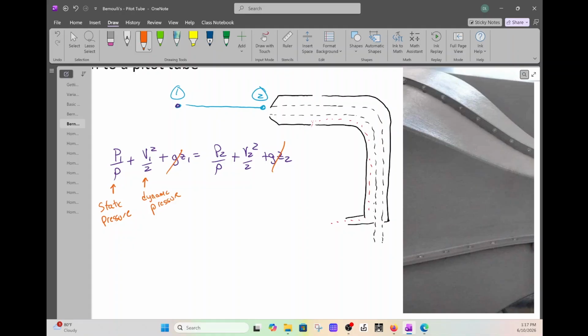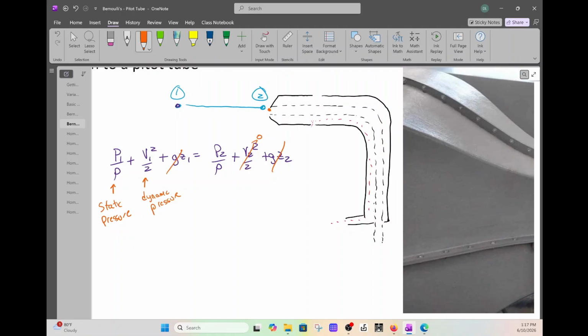And then on state 2, there is what we call a stagnation point. There's no velocity here. It comes to a rest. So from point 1 to 2, it slows right down and stops. There's no velocity right here at that entrance, which I'm calling point 2. It's what we call stagnation.